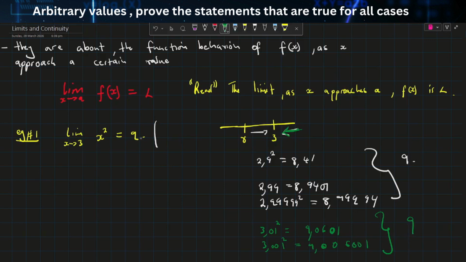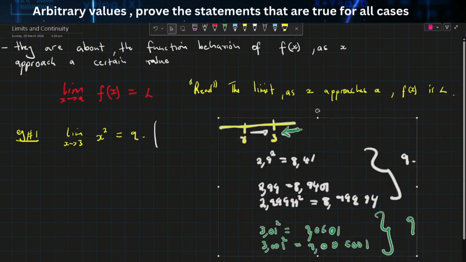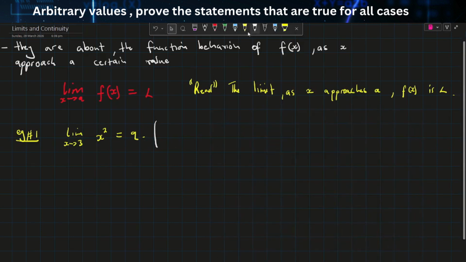That's why we say the limit is 9. As we get closer to 3, we get arbitrarily close to 9.